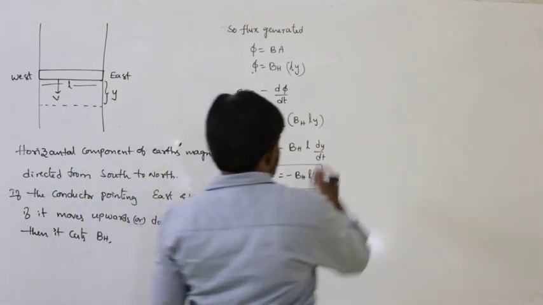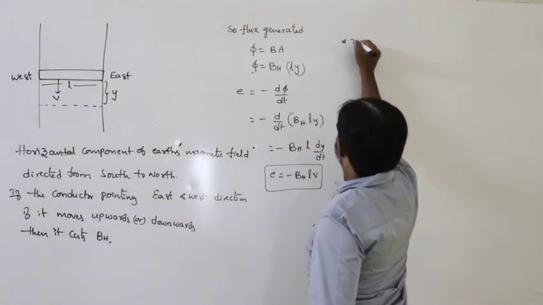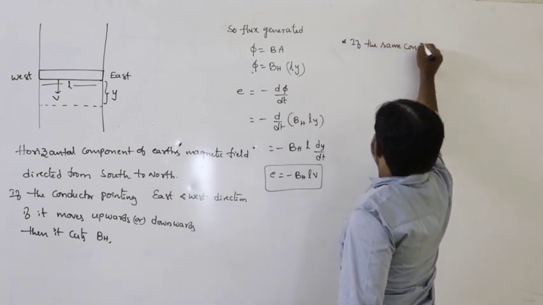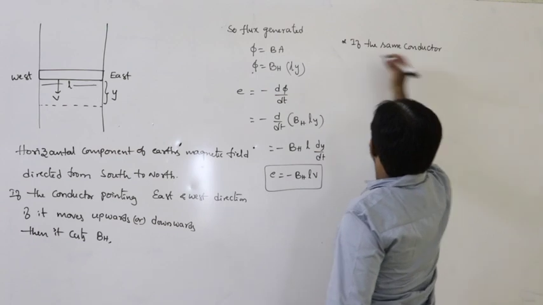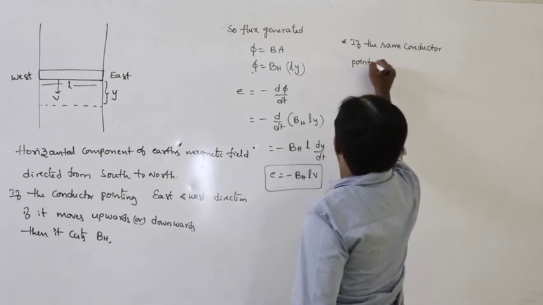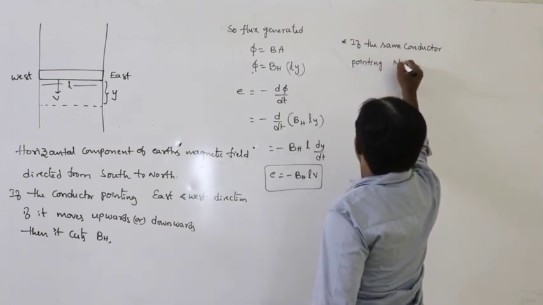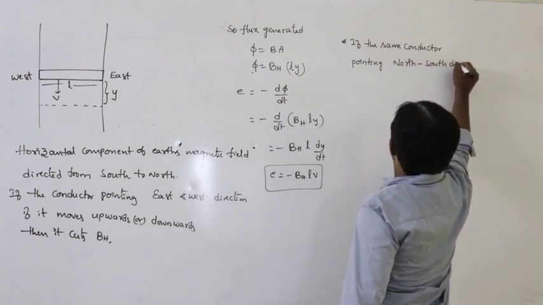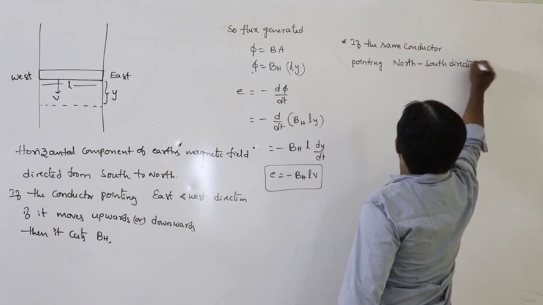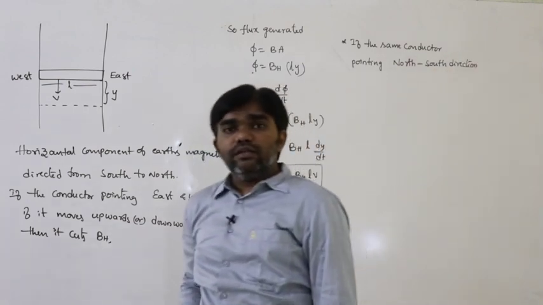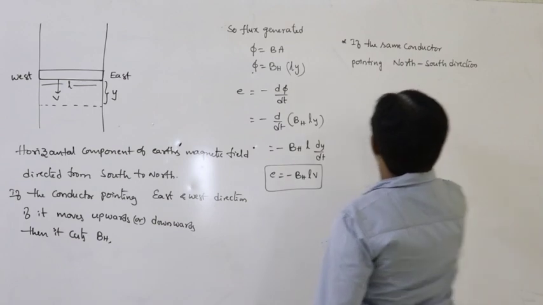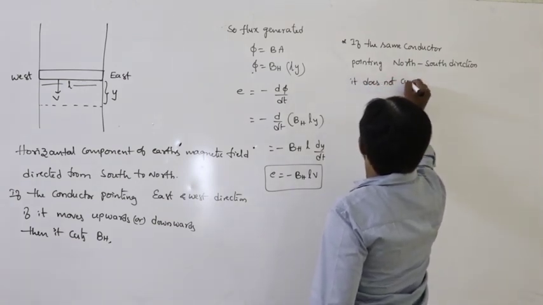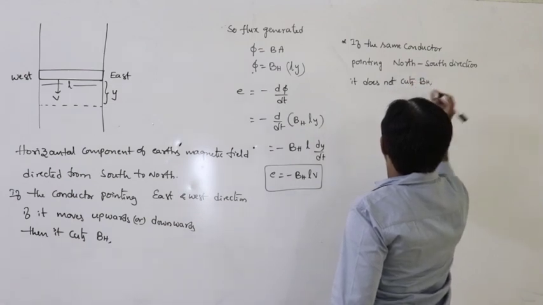If the same conductor is pointing in the north-south direction, it does not cut BH.